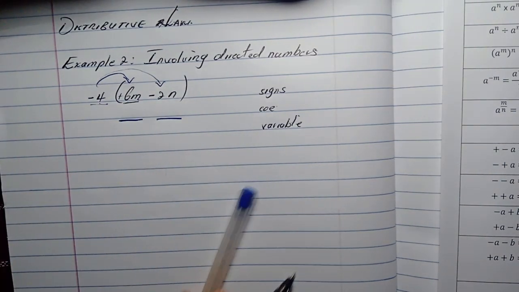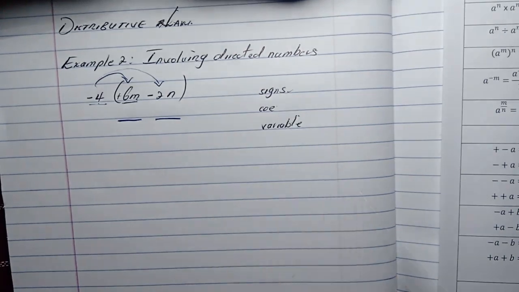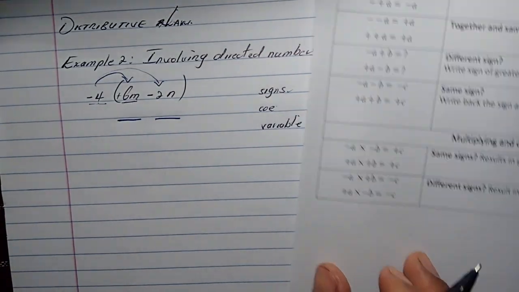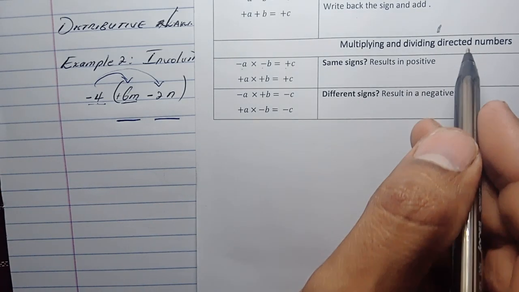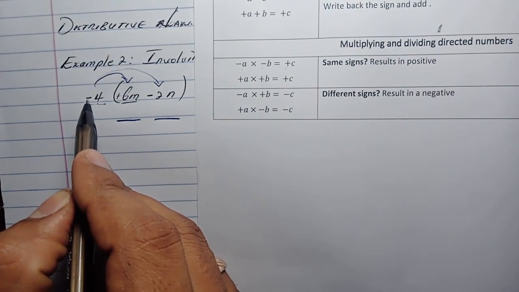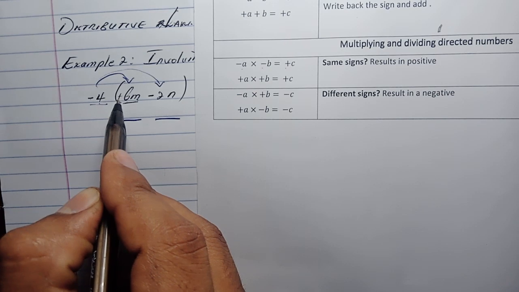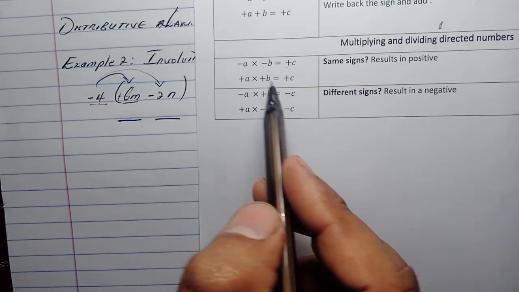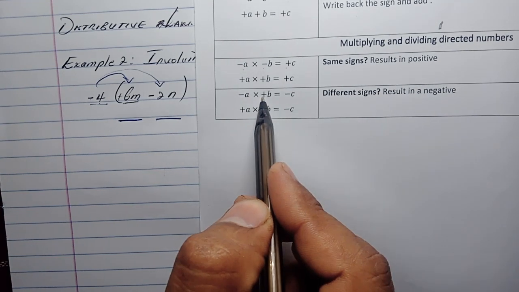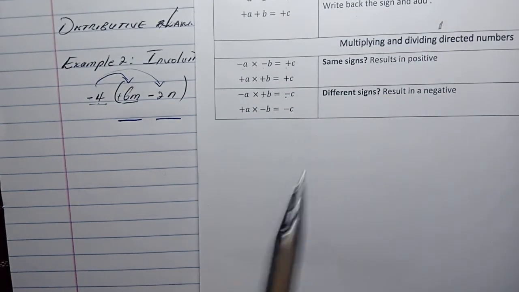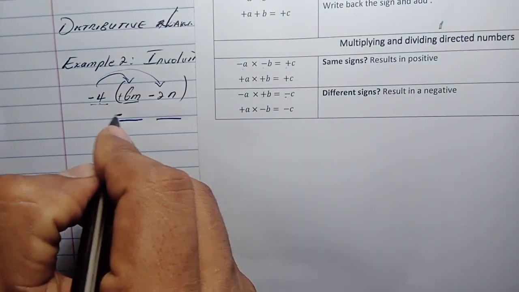Well, we have to deal with the signs first. So let's look at our handout here, multiplying and dividing directed numbers. We have a negative multiplied by a positive. So that's different signs, a negative and a positive. That will give you a negative. So we put our negative right there.